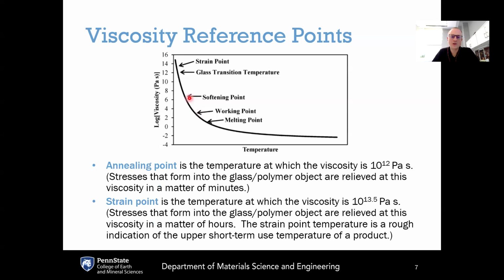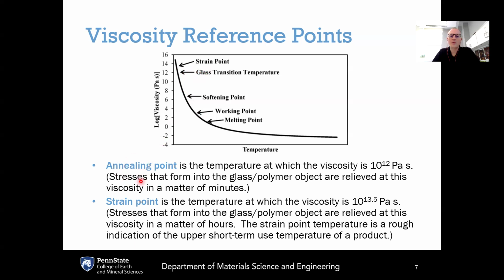Now, if we continue to cool below the softening point, the next viscosity reference point is at 10^12 Pascal seconds. And this has two different names that, for the purposes of this discussion, both mean the same thing. And those are the glass transition temperature or the annealing point.